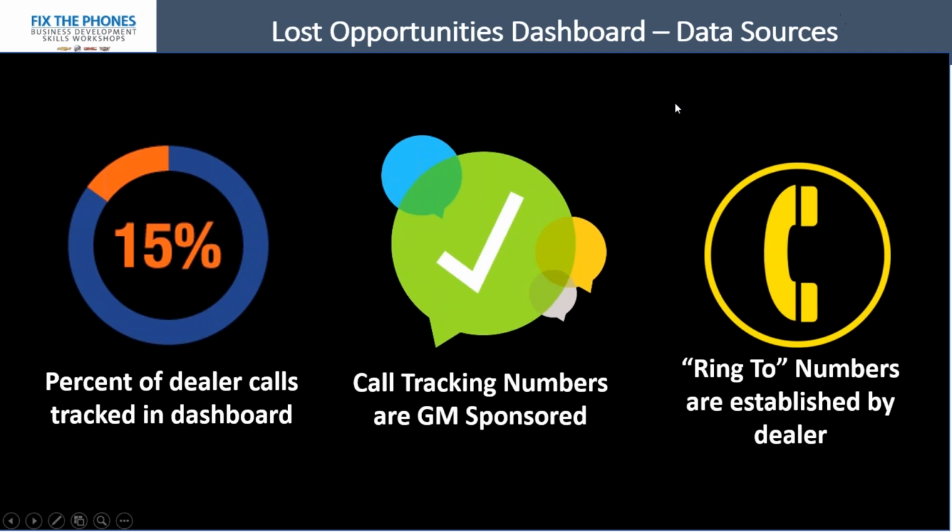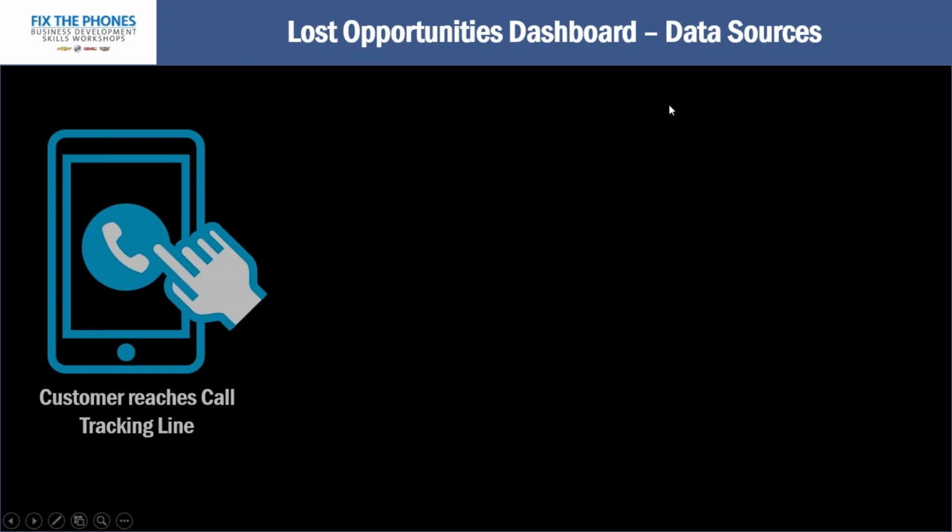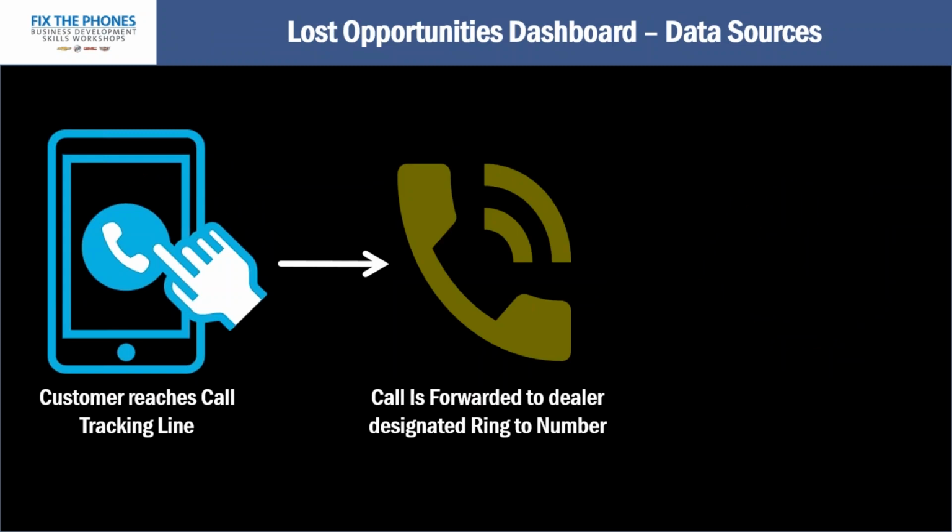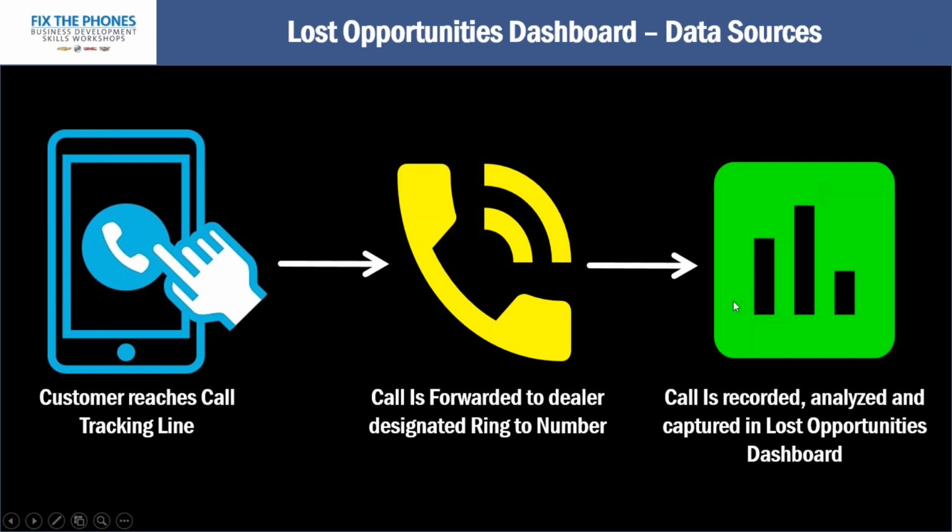Okay, and I have a best practice, one of 6 best practices at the end. I recommend that you get with your Pro Care advocate and verify and double, triple check those numbers. So here's how it works. The customer reaches the call tracking line. The call is forwarded to the dealer-designated ring-to number, and then the call is recorded and captured in the lost opportunities dashboard.